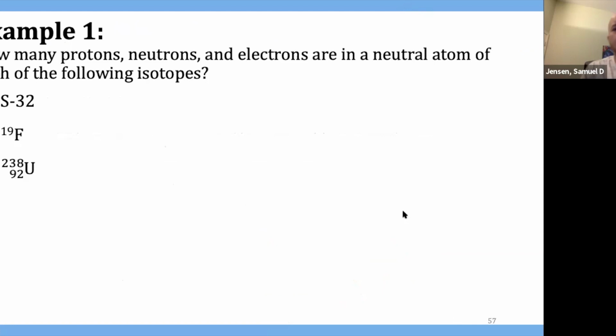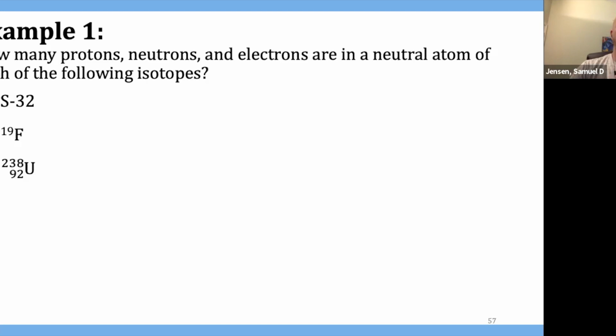What you should be able to do, if I give you one of these designations, is determine how many protons, neutrons, and electrons are present from the designation.